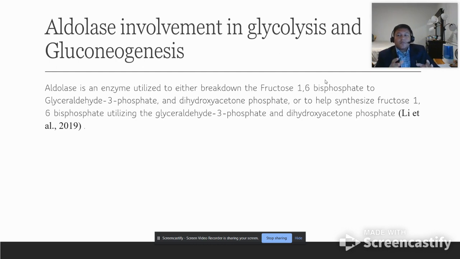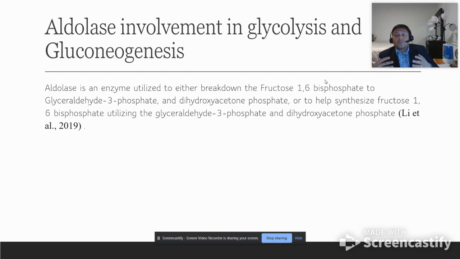It is also utilized so that fructose 1,6-bisphosphate is created from glyceraldehyde 3-phosphate and dihydroxyacetone phosphate. The reason is that if fructose 1,6-bisphosphate breaks down into two molecules, those molecules then proceed through glycolysis to create pyruvates, which can help in the future to synthesize more energy.